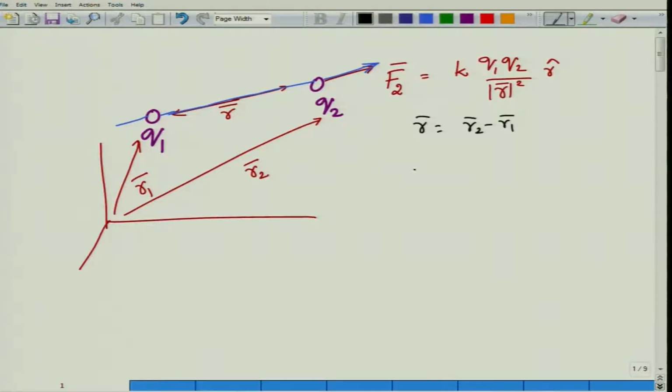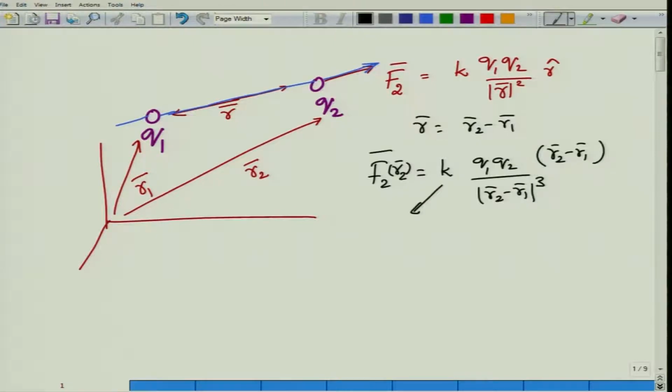Therefore, you could go back and rewrite this as constant k q1 q2 divided by the magnitude of r2 minus r1 cubed, times the vector r2 minus r1, because the vector r2 minus r1 divided by its magnitude will give you the unit vector. So this is how you would write, in the modern way, the force experienced by the charge q2, which is kept at position vector r2 in space.